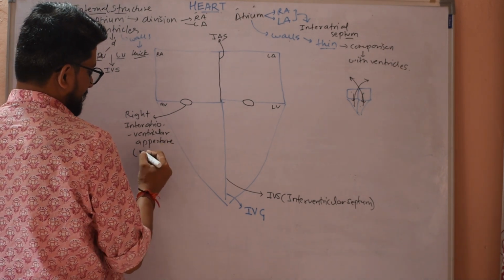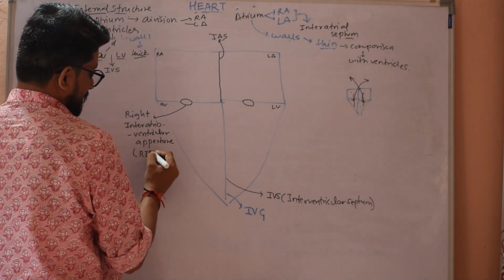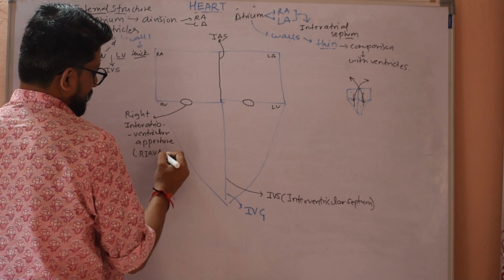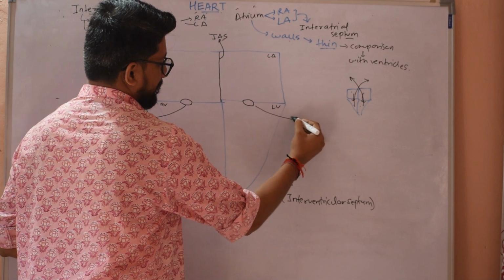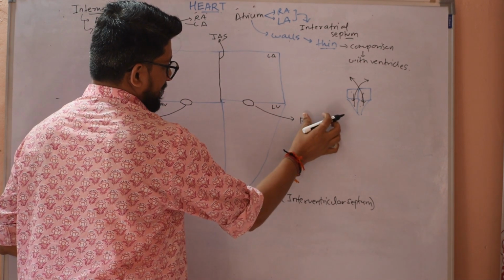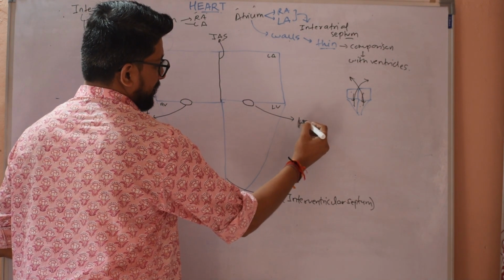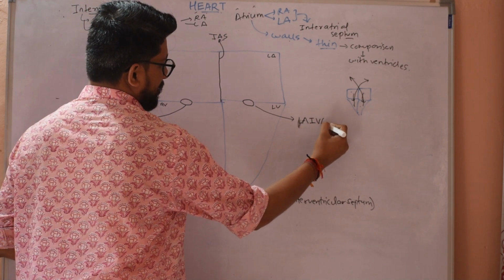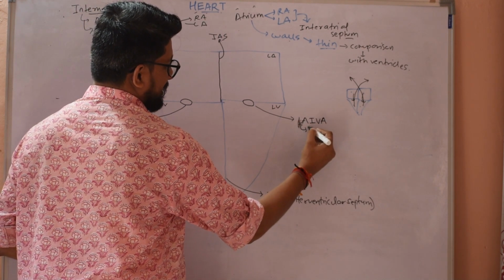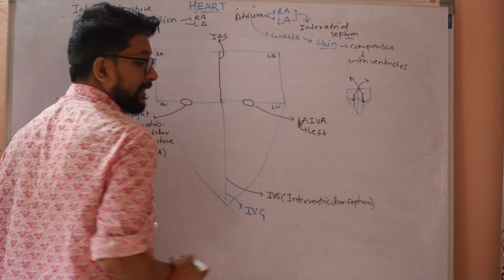In short, we can write it as right interventricular aperture. The same, this opening, instead of right, we will be mentioning over here is left interventricular aperture. This L denotes left.